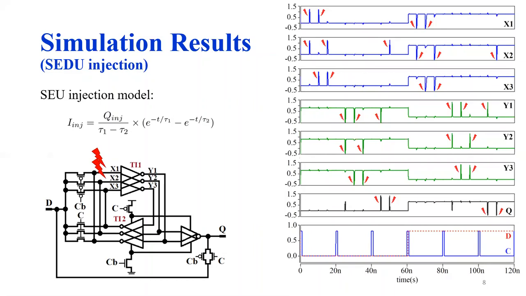We use this injection model, which is a double exponential current source given here, and in this plot, we show that any combination of node pairs is robust against SEDUs.